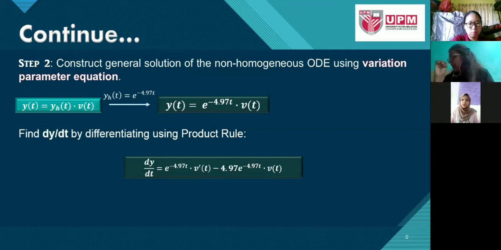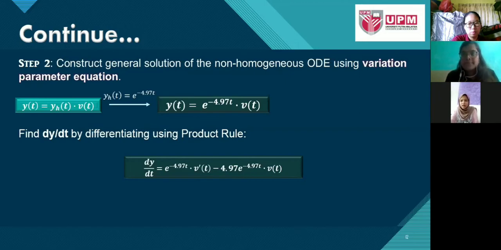So the new equation will be yt equals e to the power of negative 4.97t times vt, and we need to differentiate using the product rule to get the dy dt of the equation.